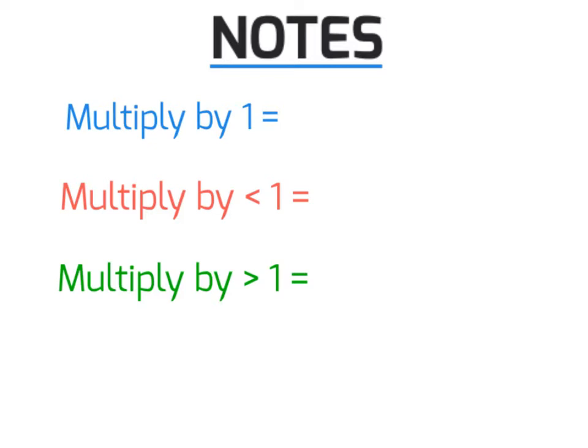Before we start, we're going to take some notes in that lower right box that is empty. So when I multiply by 1, I'm going to get the same answer. If I don't, I've done something wrong. When I multiply by a number that is less than 1, my answer should be smaller.